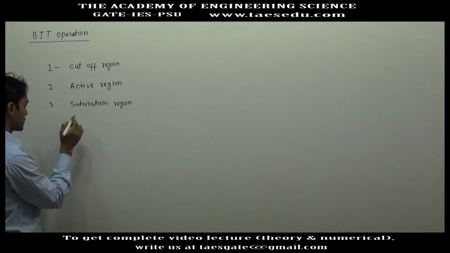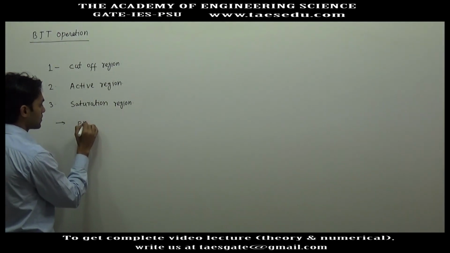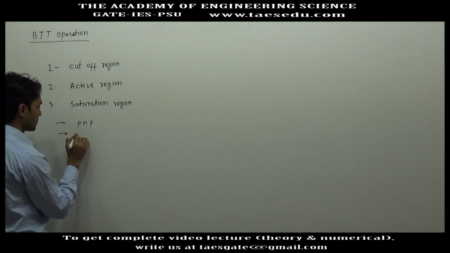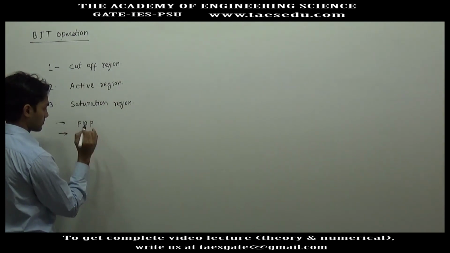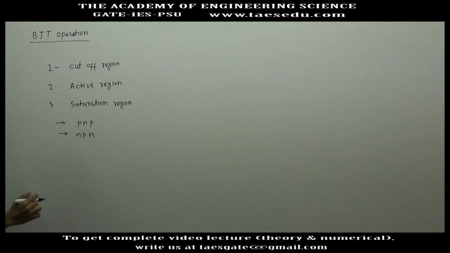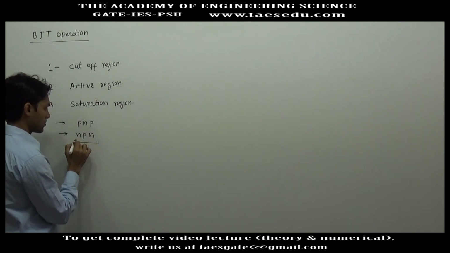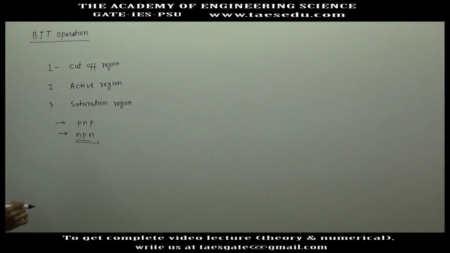The two types of transistor are, first is PNP transistor and second NPN. But this transistor is mostly used. Okay, so we will be more focused about NPN transistor.